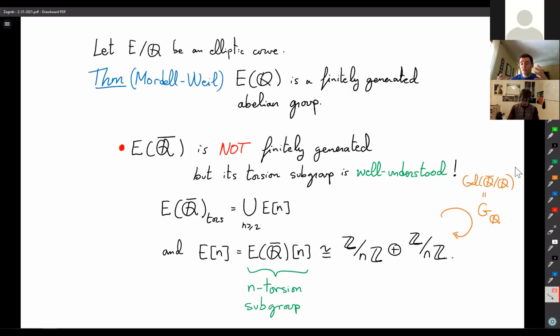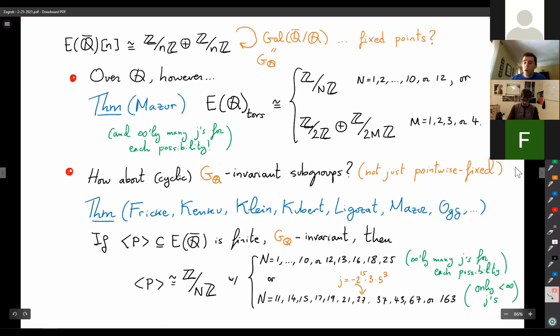So if you have an automorphism of the Galois group and a point defined over Q bar that is of order n, when you act with Galois, that action commutes with addition, and it gives you another point of order dividing n. And that induces a representation of the absolute Galois group of Q. So again, if you have points over Q bar, there is an action of Galois, and then you can ask, what are the fixed points of such an action?